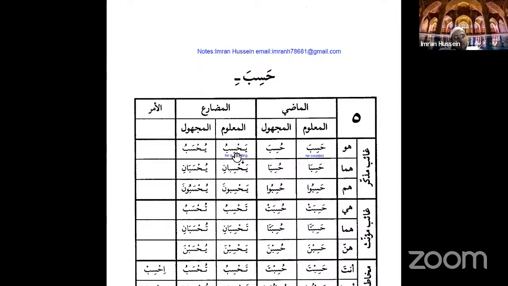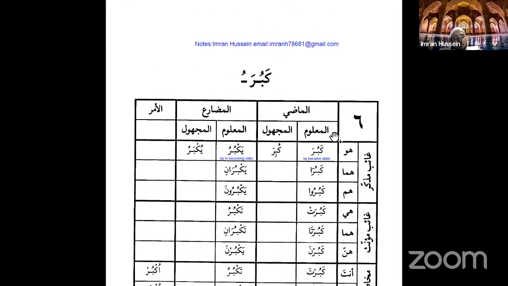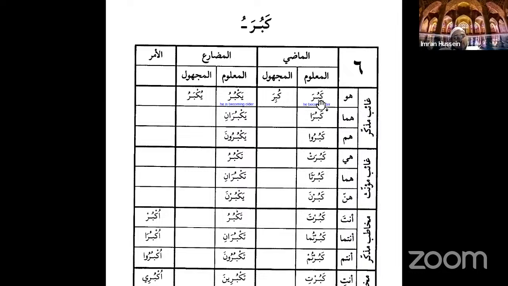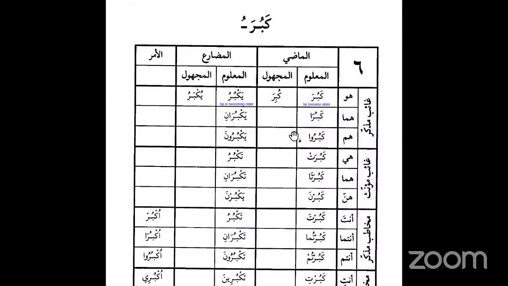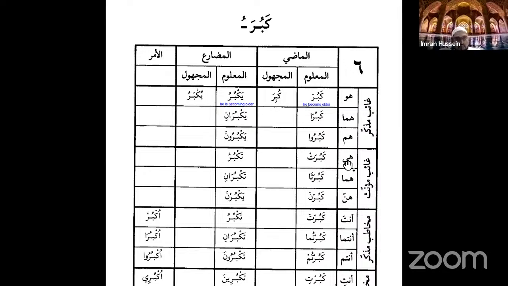And whenever a verb's past tense comes with a dhamma, its present tense option is only one, and that's only a dhamma. So this is the sixth denomination for regular verbs. Is that clear? Yes, thank you.